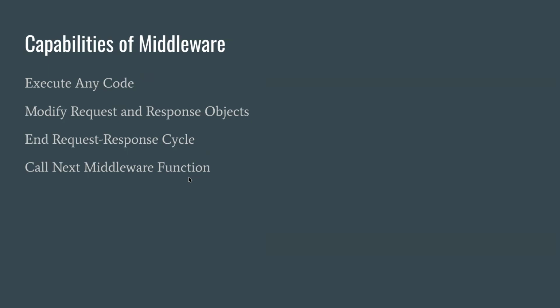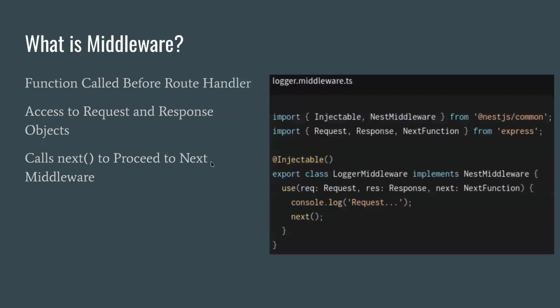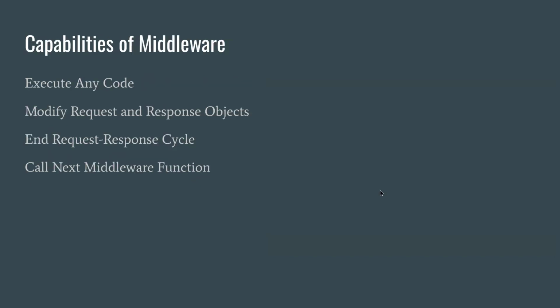Capabilities of middleware. Middleware functions can perform a variety of tasks. They can execute any code needed during the request-response cycle, and make changes to the request and response objects. They can also end the request-response cycle and call the next middleware function.